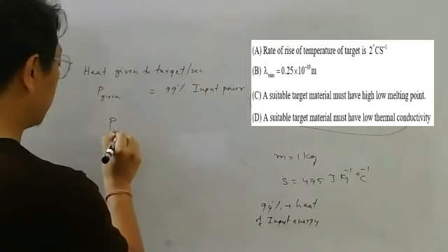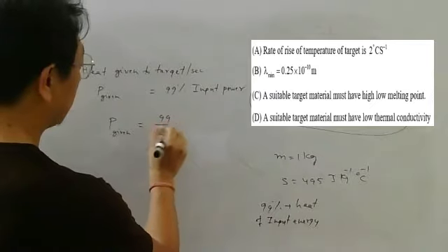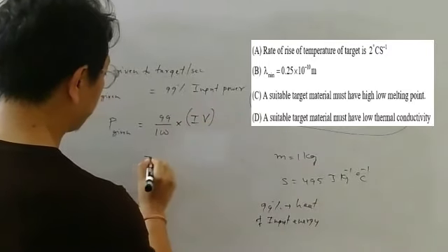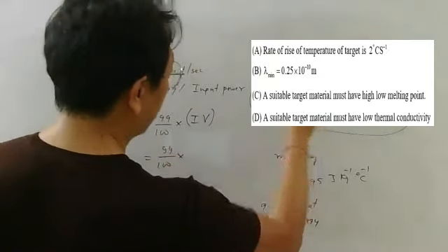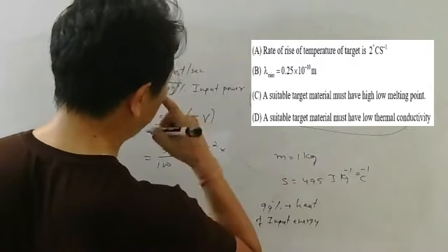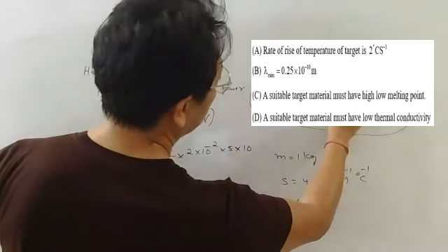So power given to the target will be 99 by 100 of input power, which is I into V. So 99 by 100 into 2 into 10 power minus 2 into voltage, 5 into 10 to the power 4.